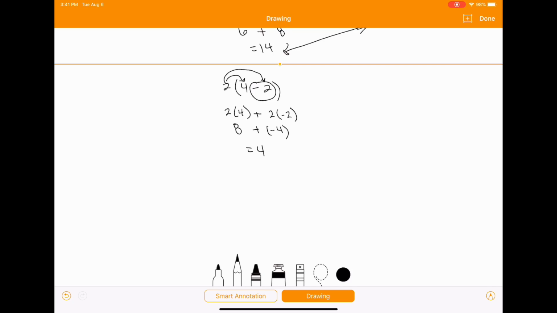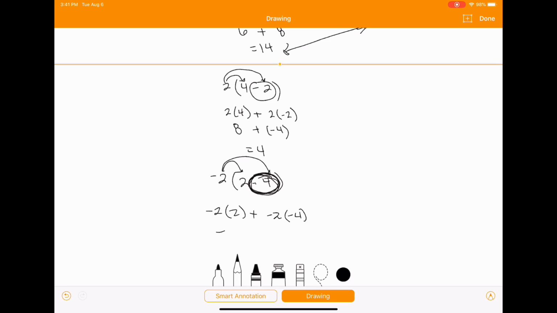And again, if you had something like negative 2 times 2 minus 4, then you're just going to take this. So negative 2 times 2 plus this, which is negative 2 times a negative 4, because that second number includes the sign of your operation going on.